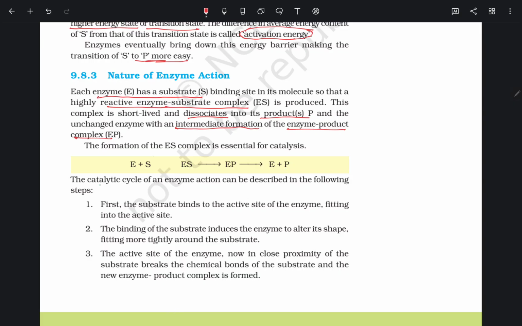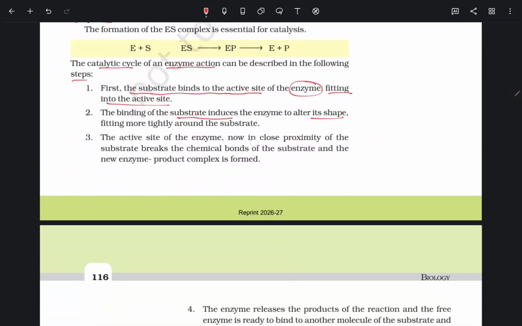So the catalytic cycle of an enzyme reaction can be described in the following steps. First, the substrate binds to the active site of the enzyme, fitting into the active site. The binding of the substrate induces the enzyme to alter its shape, fitting more tightly around the substrate.